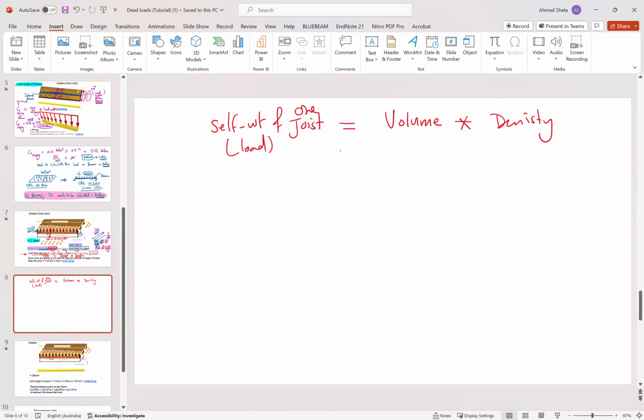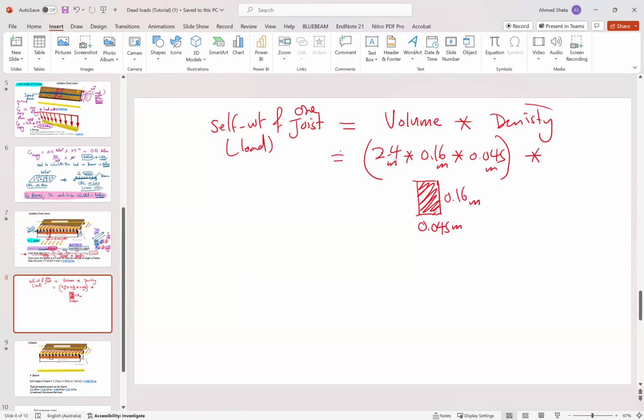The volume will be the dimension of the joist, which is 2.4 meter times 0.16 meter times 0.045 meter. This altogether is the volume, because this is the dimension of the joist given to us: 0.045, 0.16 meter, and the length is 2.4. Times the density. The density depends on the material, which is radiata pine.